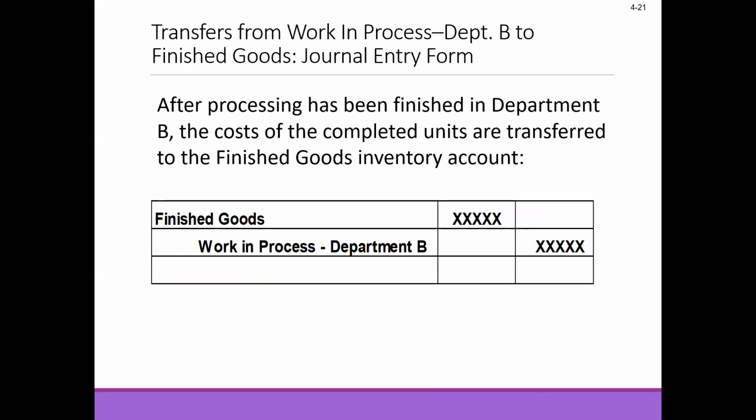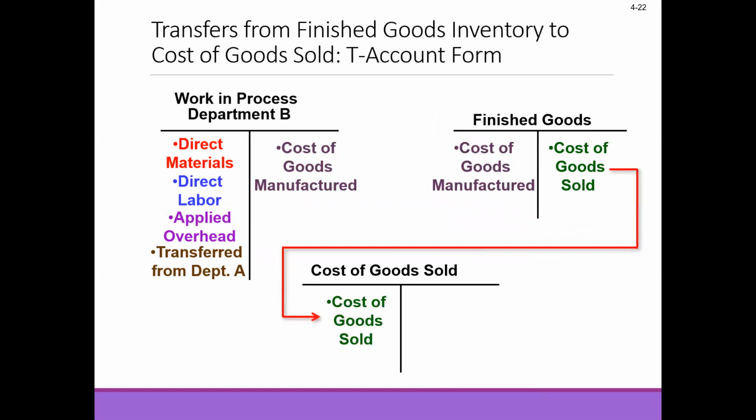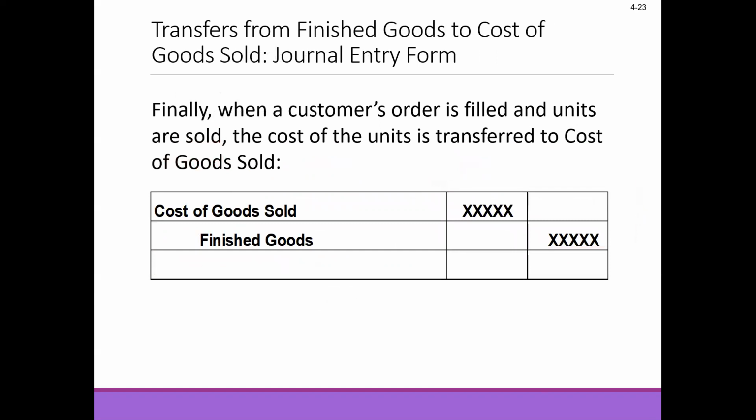The journal entry to show the completion of the process in Department B and moving it to finished goods is going to be a debit to our finished goods and a credit to work in process from Department B. Then those finished goods that are sold, we'll credit them out of finished goods and debit them into the expense account cost of goods sold.